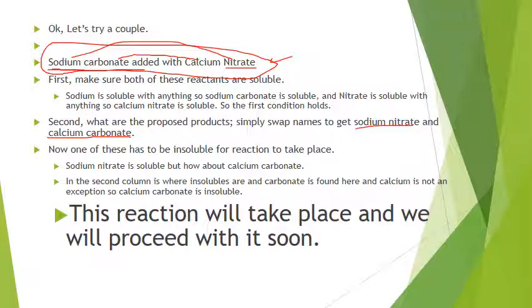Anything with sodium, and actually anything with nitrate, is soluble, so sodium nitrate is soluble. But how about the calcium carbonate? If you look at the solubility table, you'll see most carbonates are insoluble, especially with calcium, so this is insoluble.